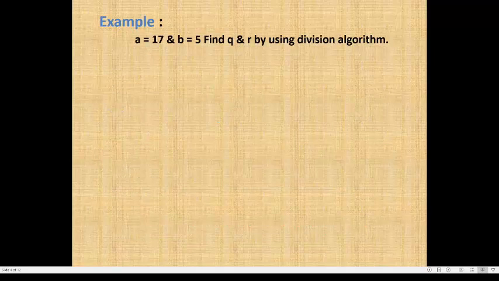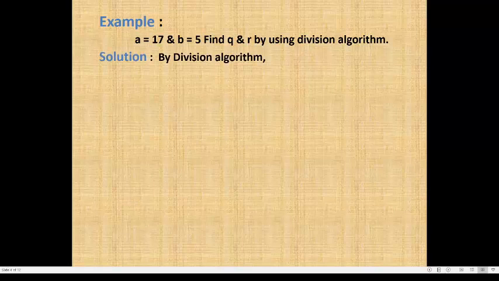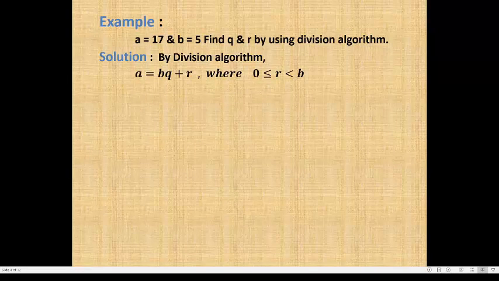First, a equals 17 and b equals 5. Find q and r by using division algorithm. So here we want to find the quotient and remainder. Solution: by division algorithm we get a equals b times q plus r, where r lies between 0 and b, exclude b. Substitute the values here. So we get 17 equals 5 into q plus r.